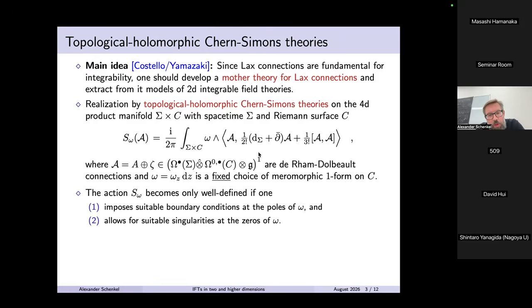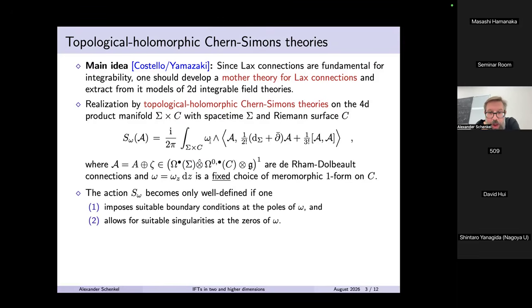So in order to get a well-defined action, you have to impose suitable boundary conditions on the field A, I will come back to that in a moment. These boundary conditions at the poles of omega must be such that the divergences here compensate the zeros here, which the boundary condition enforces. However, omega can also have zeros, which means that the action becomes degenerate at these points.